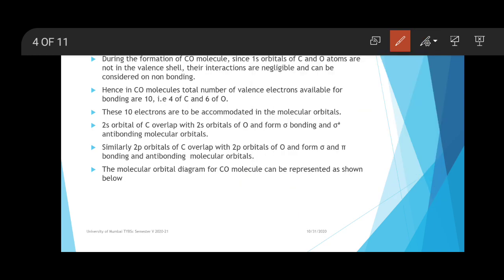So 3 become bonding molecular orbitals and 3 become anti-bonding molecular orbitals. Everybody understood? So out of 6 atomic orbitals, how is that 6?